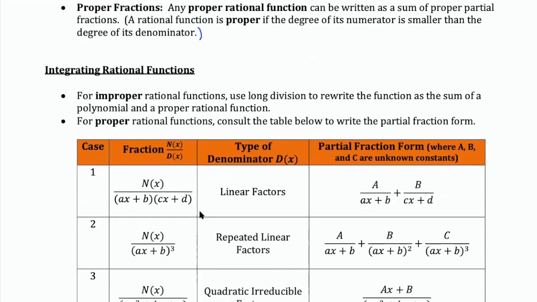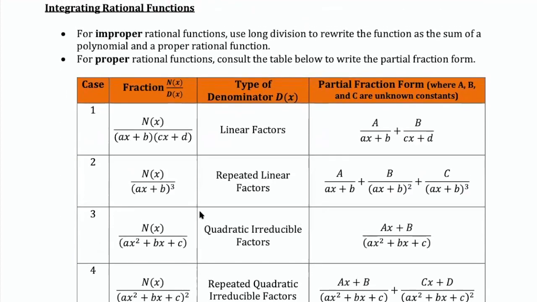All right, so putting these facts together, here we go with the method of integrating rational functions by partial fractions. If your rational function is improper, so if your numerator has a higher degree than your denominator, you're going to have to use polynomial long division to rewrite the function as the sum of a polynomial and a proper rational function.